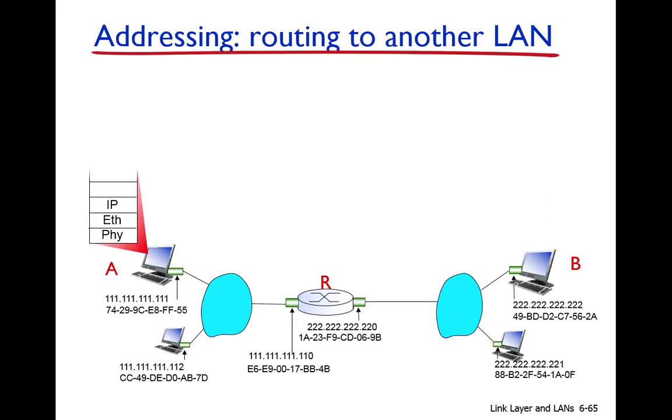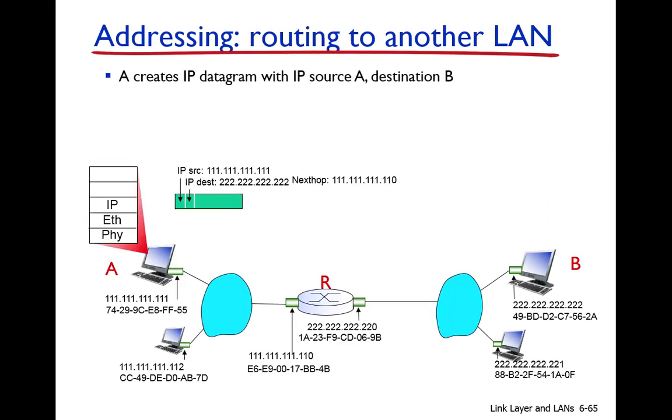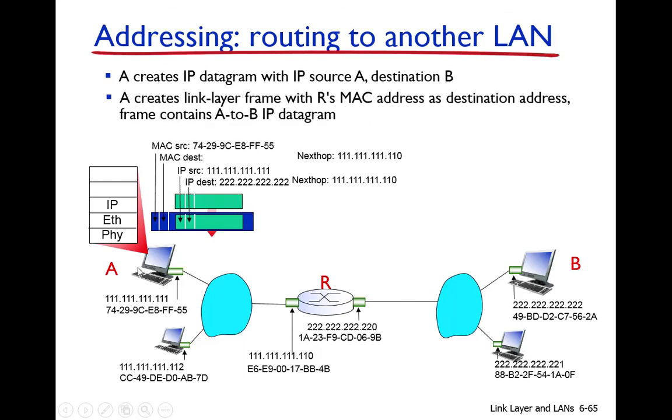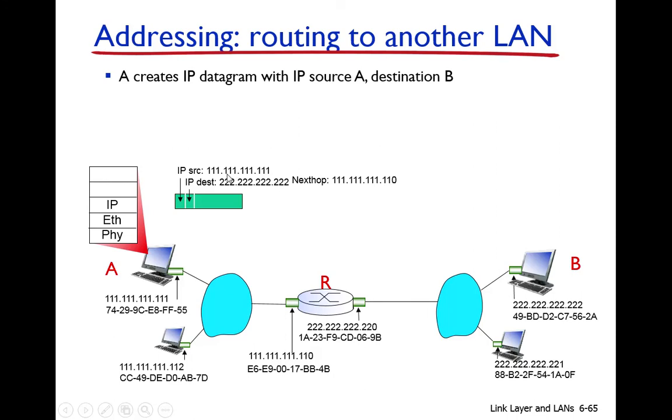Now we are going to discuss again. Suppose this host A sends another packet. It is from the source address A, and the IP destination is 222.222.222.222.